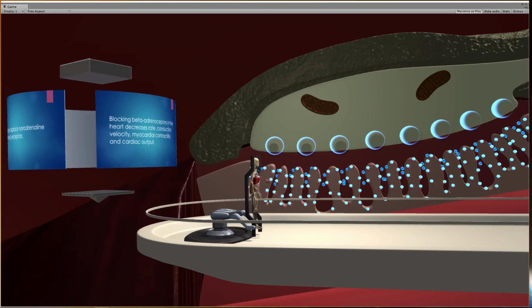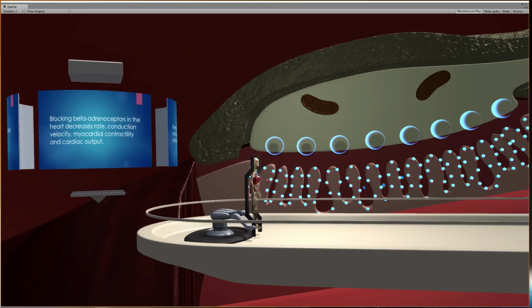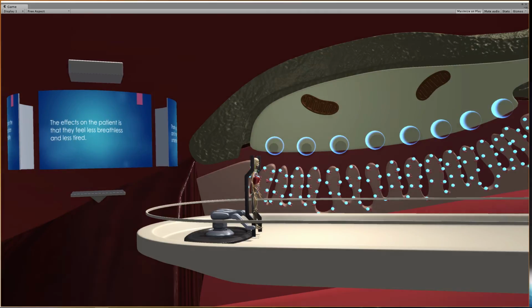Blocking beta-adrenoceptors in the heart decreases rate, conduction velocity, myocardial contractility, and cardiac output. The effect on the patient is that they feel less breathless and less tired.